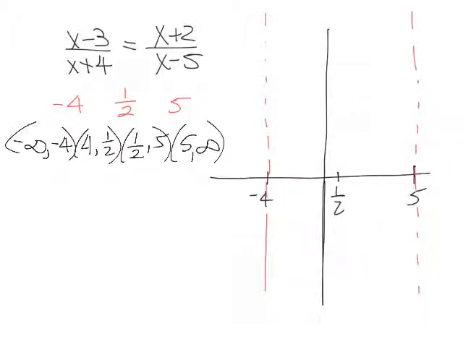We've done these long enough that you should be able to quickly pick numbers and find out where they're positive and where they're negative. So in this one we get a positive answer, so we know our graph is above the x-axis in that particular interval.